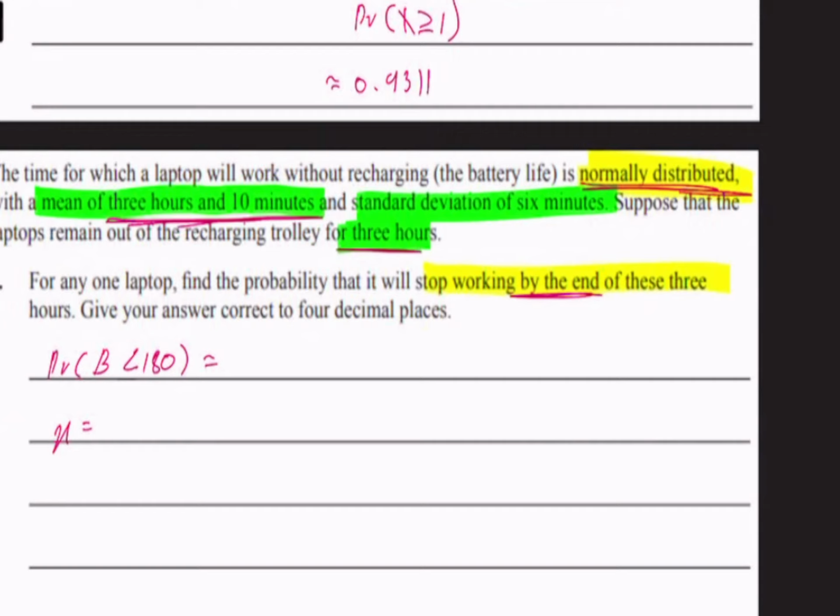The best thing to use would be minutes, especially given that the standard deviation is also in minutes. So the lowest common unit. The mean is 190 minutes and the standard deviation is 6 minutes. Put that into your CAS and you should get 0.0478.